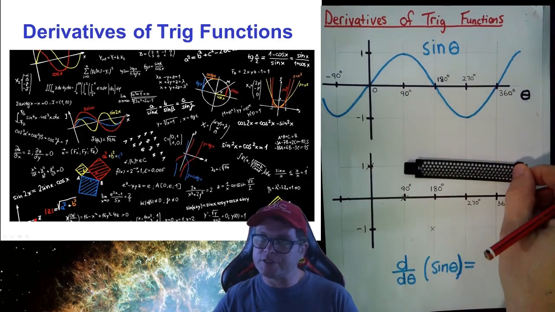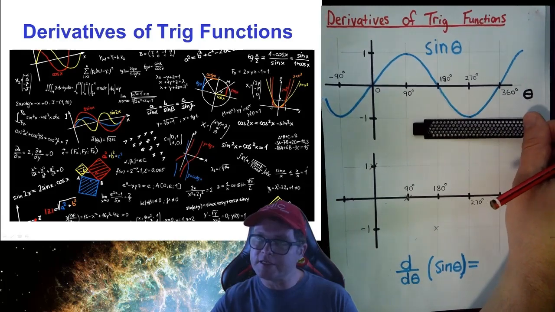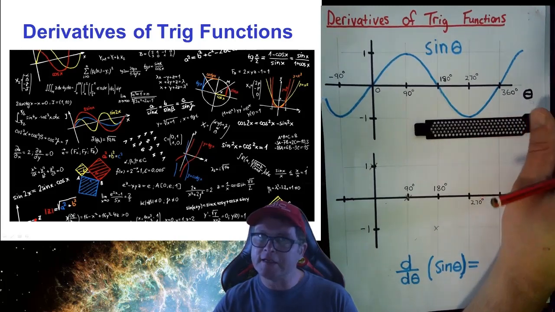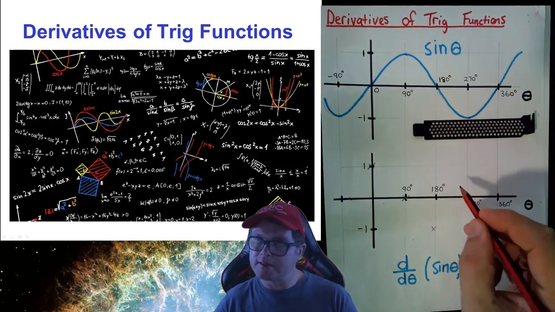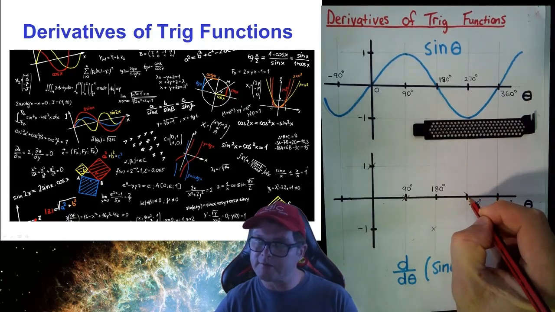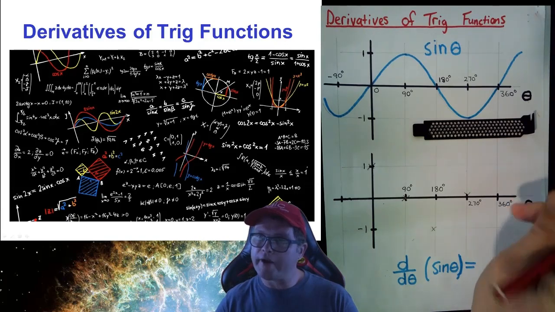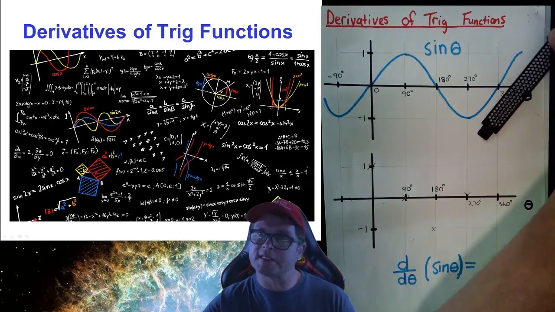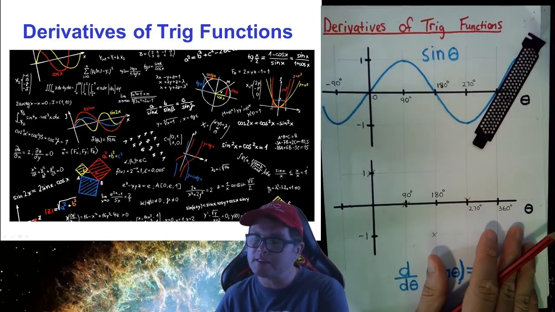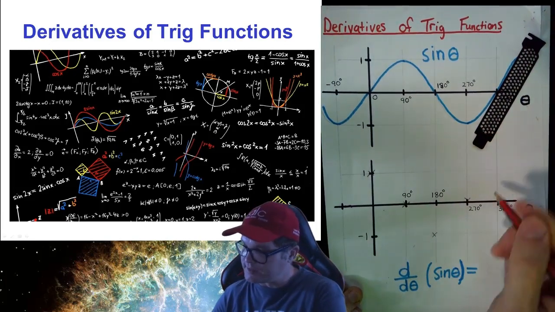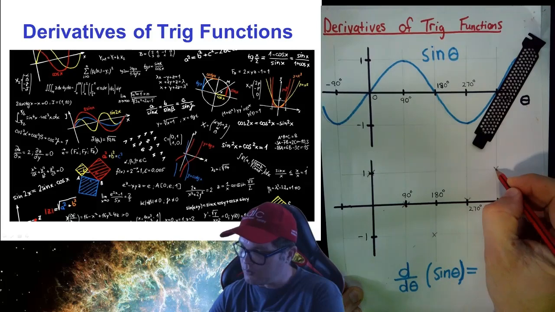Similarly, when we get to 270 degrees, you can see the gradient is going to be 0 again. Whereas when we get back to 360, it's going to be positive 1. The gradient's pointing in a positive direction. So at 360, it's going to be positive 1.